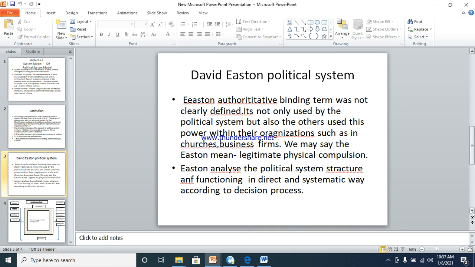Criticism of the political system. In these three components, the one thing which is missing or not clearly defined in the definition of David Easton is the authoritative binding on the public.